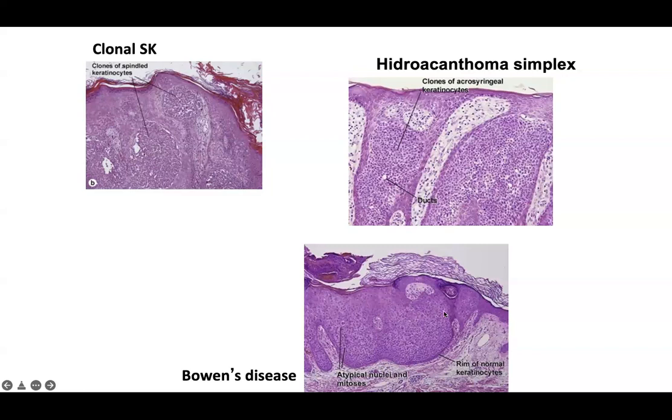Many times you'll have a rim of normal keratinocytes, but in my experience, there's a wide range of expression of Bowen's disease. You may have some that look like they have no HPV influence, and you may have some that look like there's a lot of HPV influence.